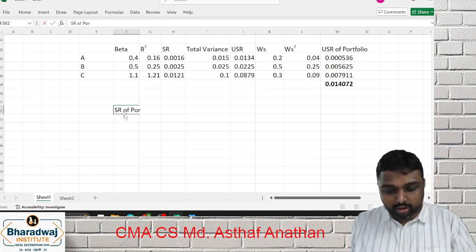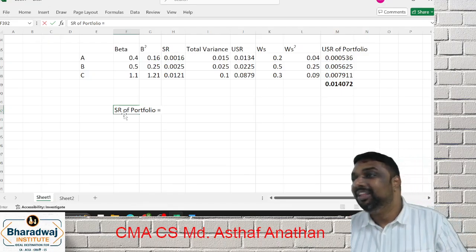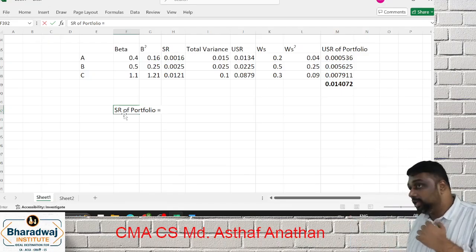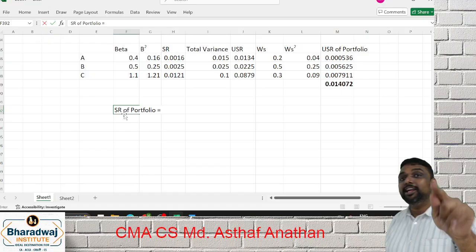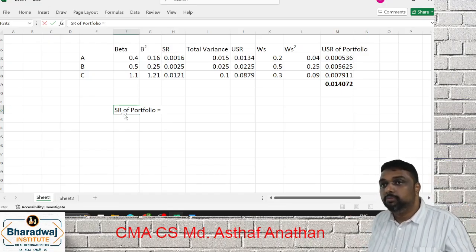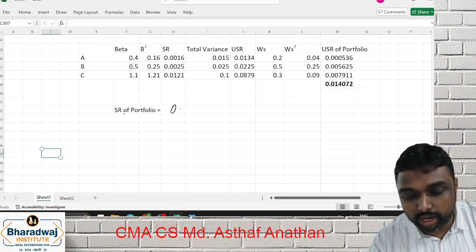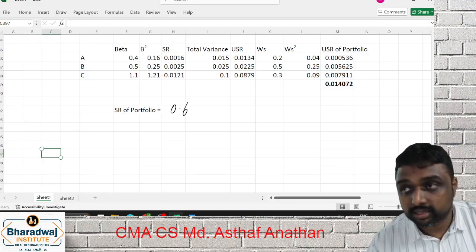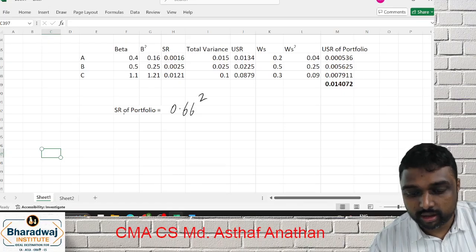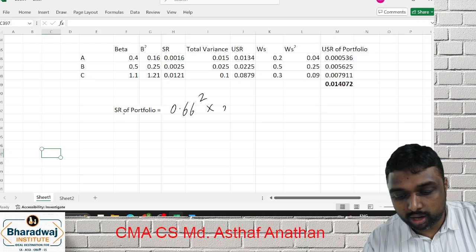Next, you want to find the systematic risk of the portfolio, very easy. Now you just find out the beta of the portfolio. What is the beta of the portfolio? 0.66. Can you tell the beta of the portfolio? 0.66 square into variance of market, 0.1 square.